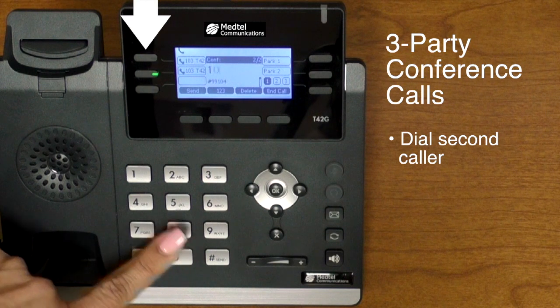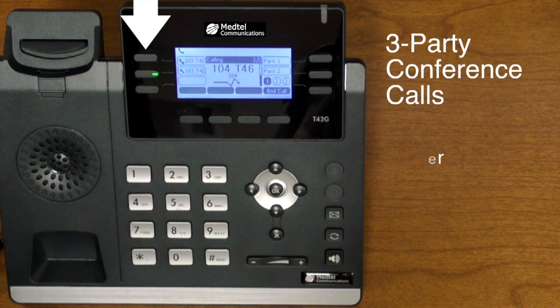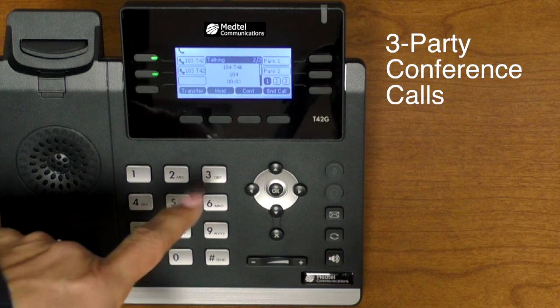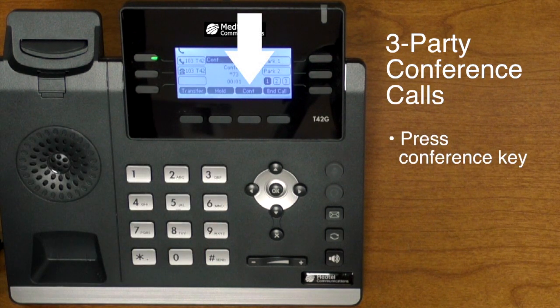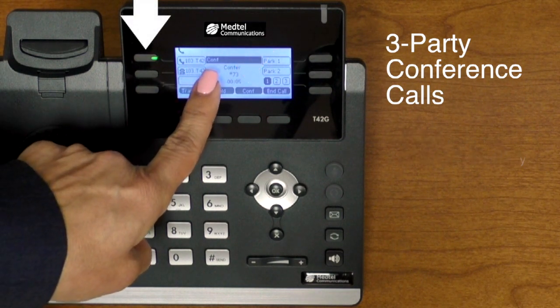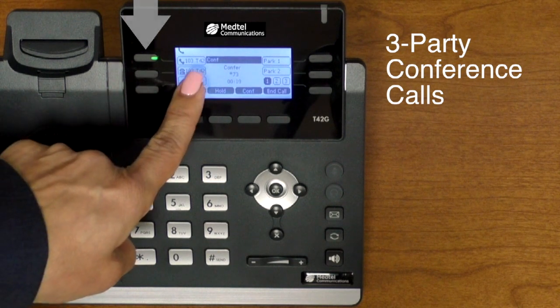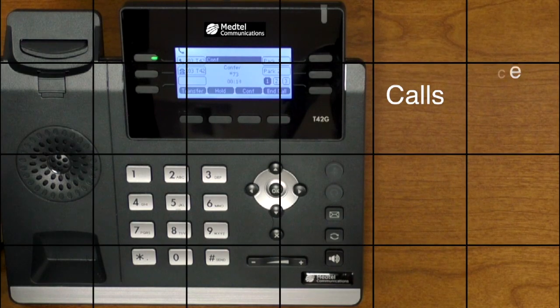Dial your second caller, and once that person answers and you're connected to the second call, you will depress your conference key again, and all three parties are connected. You'll note that both of the parties I'm connected to are now lit on my first call button, but my display reminds me that I am connected to a three-party conference call.